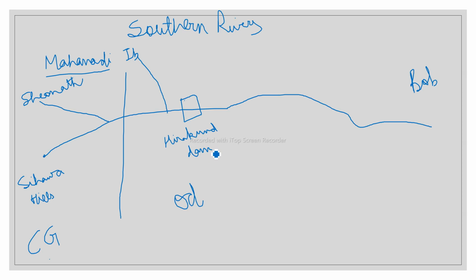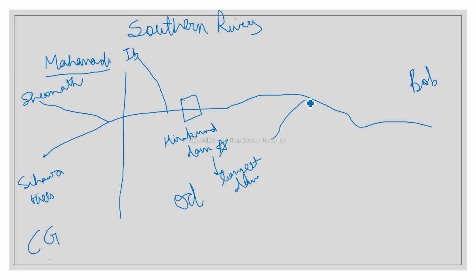And this is important, why? Because this is the longest dam of India, a distinction given to this. I'll draw a star here so that you get to know there is a distinction given to this dam. So Hirakund Dam, important, asked in exams many times.